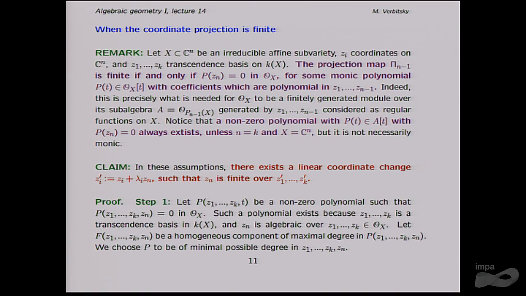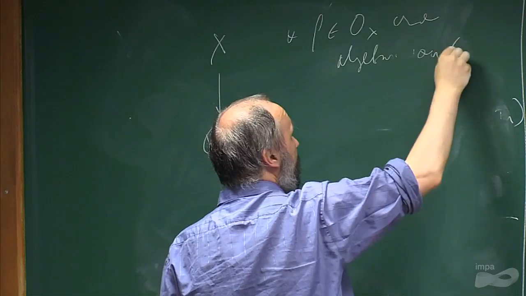Okay, so let's look again at the situation described in this proposition. You have a projection map X to Ck. But then all elements f inside OX are algebraic over Ck.